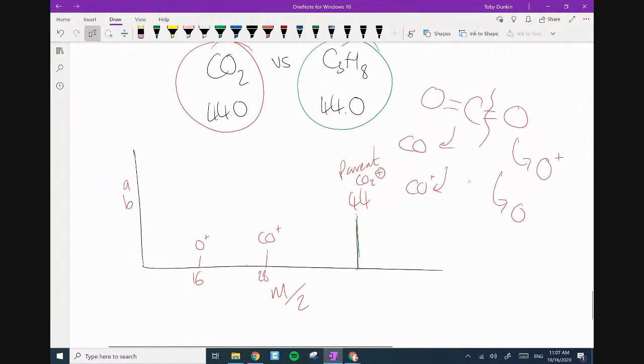However, in propane, I'm going to see a big peak at 15. And that, of course, is CH3 plus. And I'm also going to see a big peak at 29 of CH2 plus. So I can tell the difference in the mass specs of these because the peaks will be different. Does that make sense? It's really clever.